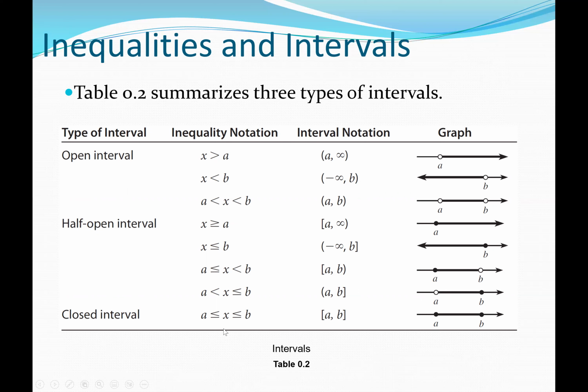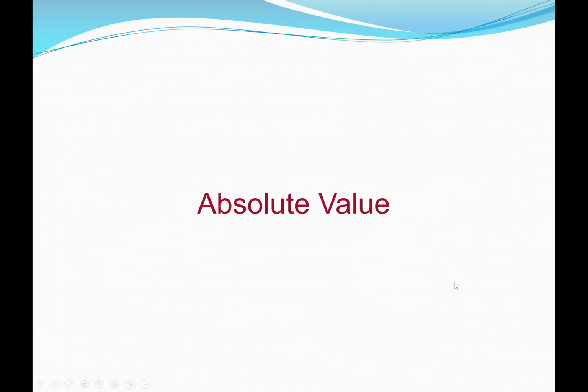So for example, for a closed interval, we have x less than or equal to b and greater than or equal to a, so both dots are closed. Now b is closed because the dot is filled, which means x is less than or equal to b, but greater than a, so a is open.